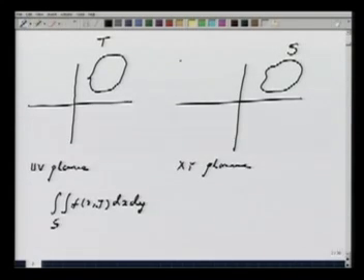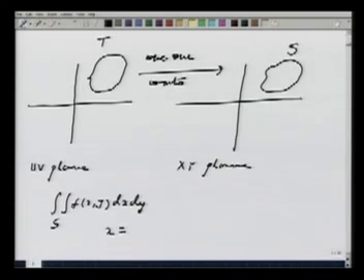Now suppose I have a one-to-one map here, that means it is injective and onto. Then I can say that x is given by a function capital X of two variables u and v, and little y is a function of two variables given by capital Y, and the variables are u and v.